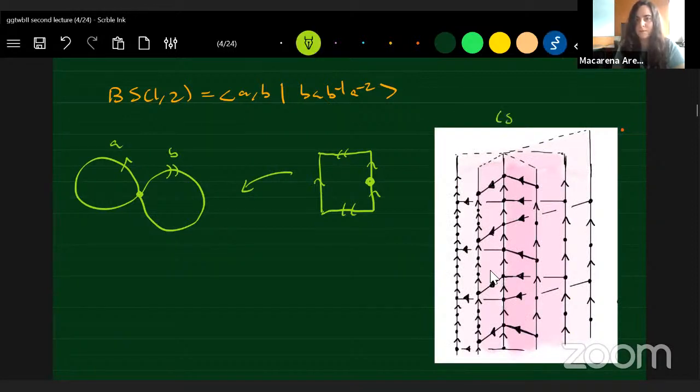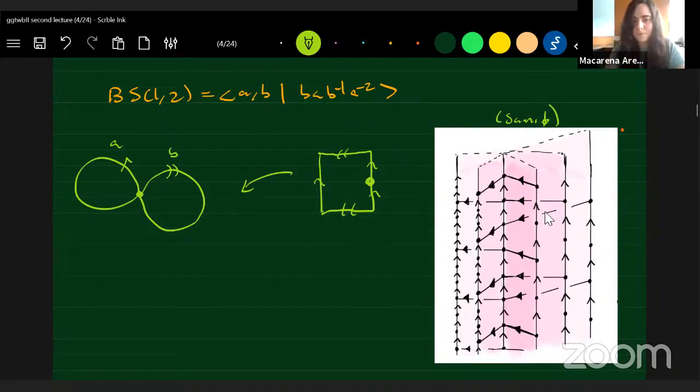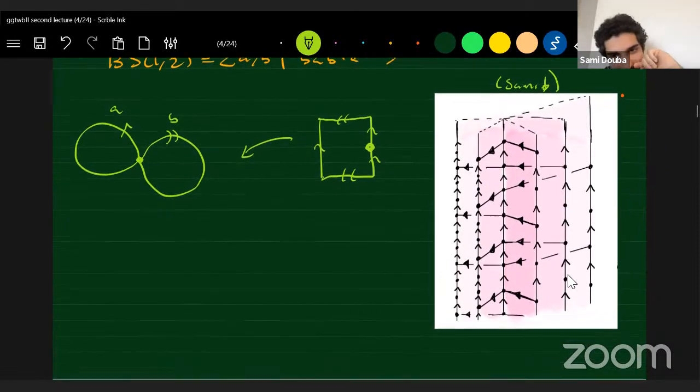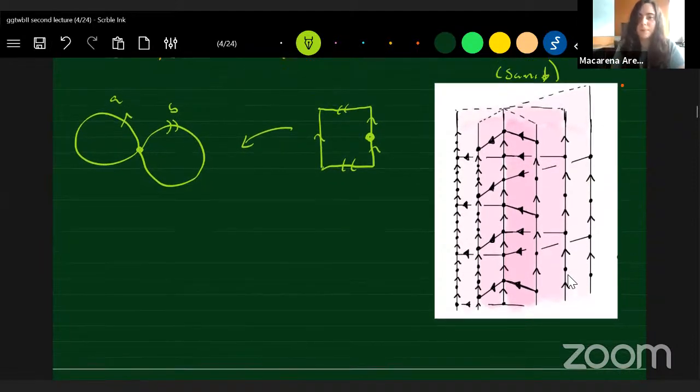So Sammy made this drawing. This is part of the Cayley complex of BS(2,3). Strictly speaking, it looks like BS(1,2). I thought it was BS(1,2). Oh wait, whatever. It's very similar.